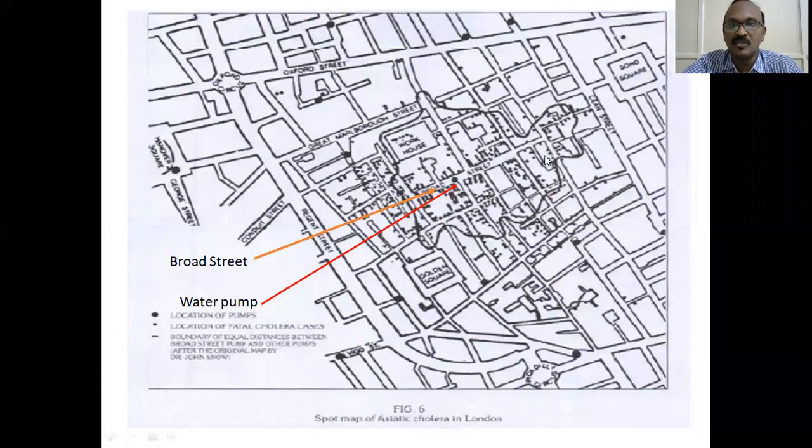So this is the Broad Street, and this is the water pump. This is the polluted water pump that is responsible for the spread of cholera among the people living in the area. And you find the dots are nothing but the clustering of cases in and around the water pump. So a large number of cases of cholera have occurred in and around the pump, which shows the use of water from the contaminated or polluted water pump.